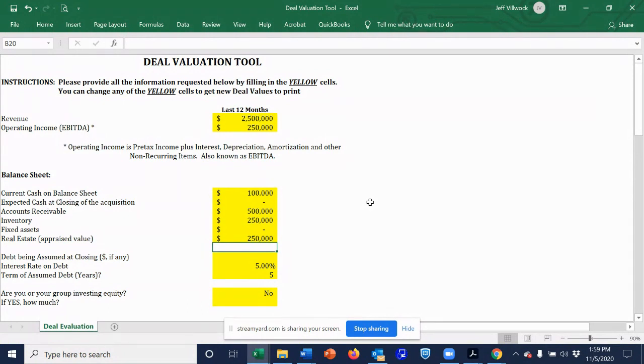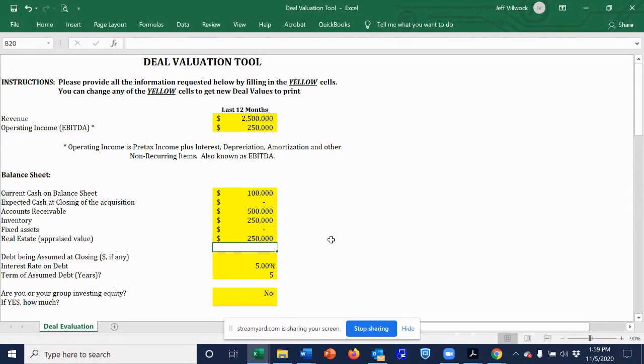So in this case, if they were renting the property, it would still be zero for the real estate? That's right. If you're renting it, it's just a big zero. But just so I can show you how you can borrow money off of it, I'll put in $250,000.